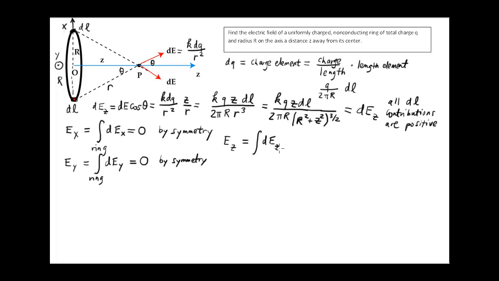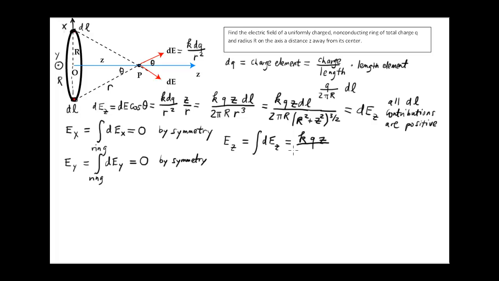So when we do this integral, we can take the pieces of it, the integrand, which is right up here in this fraction, we can take the terms that are constants and bring them outside the integral. So that includes, of course, the Coulomb constant K, the charge Q, which is the total charge of the ring, that comes out in front. Z, well, as we integrate all the way around the ring, Z doesn't change, so that comes out in front as well. Right? And what about the denominator?